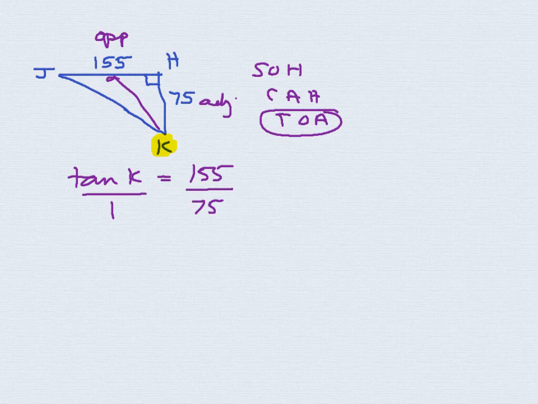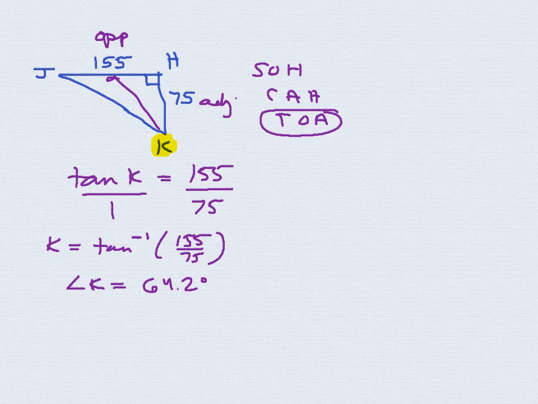You take your calculator and you do 155 divided by 75 and get a decimal equivalent, which is going to equal 1 point something. Take the second function tan, and that'll give you tan, second function tan of 155 over 75. And hit your angle button. Angle K is going to work out to be 64.2 degrees.